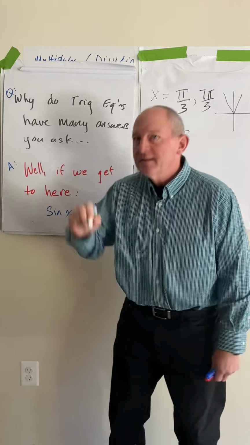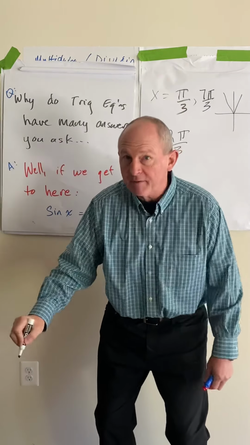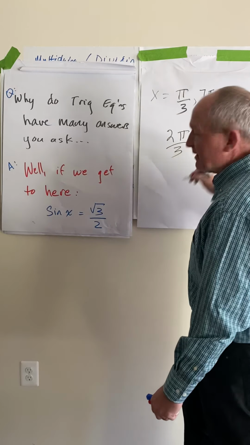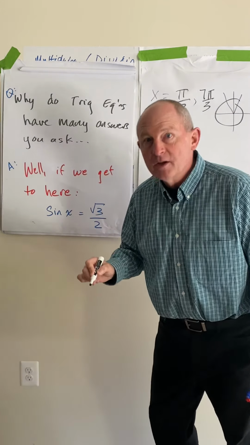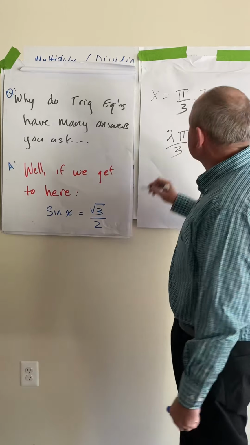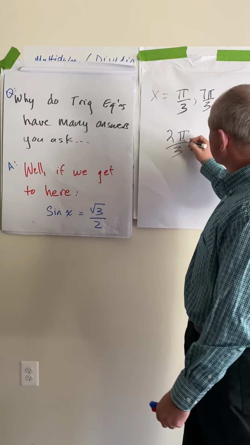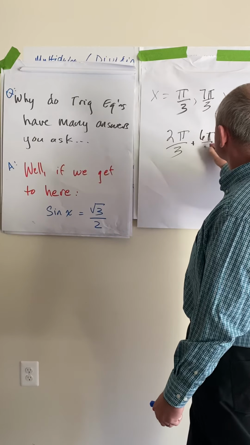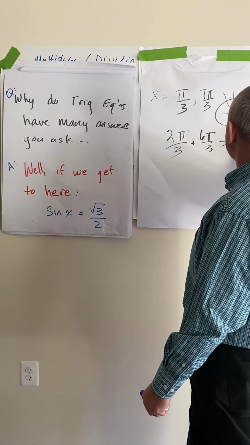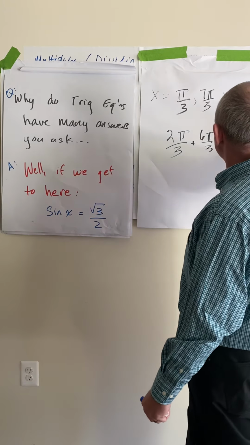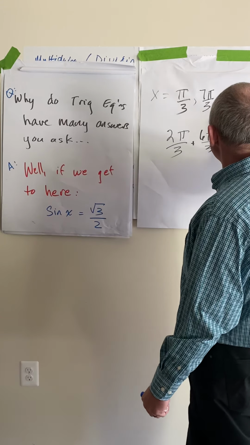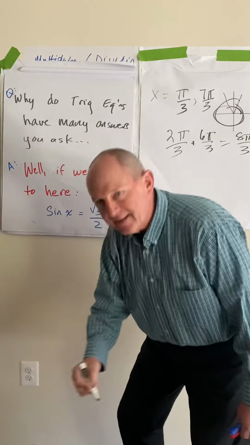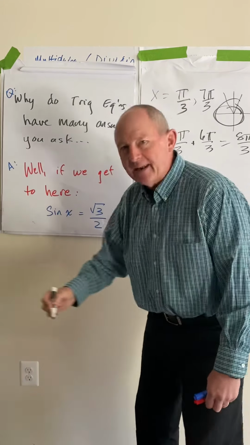So the sine of 7 pi over 3 would also be root 3 over 2. And if I added 2 pi to 2 pi over 3, I would get 8 pi over 3. And then if we did it again, and again, and again.